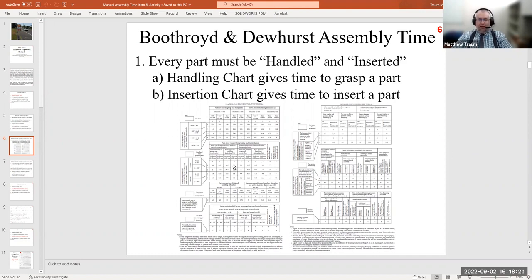You'll refer back and forth between the handling chart and the insertion chart, depending on which step you're in, using those charts to look up a value for the time estimated that it takes to do that particular process. And then you sum up all of those times, and that sum of times is the total assembly time for that product. So that's basically how this works and where we're going. This is point number one: there are two different charts.